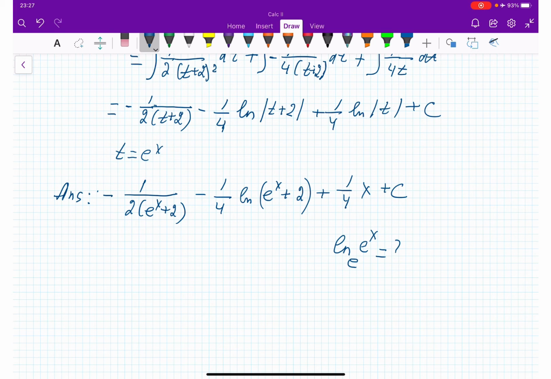So what value has to be here so that I raise e to it and get e to power x? Obviously it's going to be x, because e to power x gives e to power x. Very easy, right? Definition of logarithm. Therefore, we will end up with x.